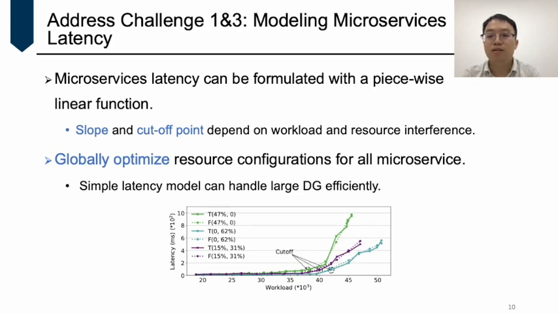We can balance the resource utilization in the cluster to ensure microservice latency. More importantly, we can use the piecewise linear models to optimize the resource configurations globally for all microservices. Such simple models can be leveraged to handle larger dependency graphs efficiently.